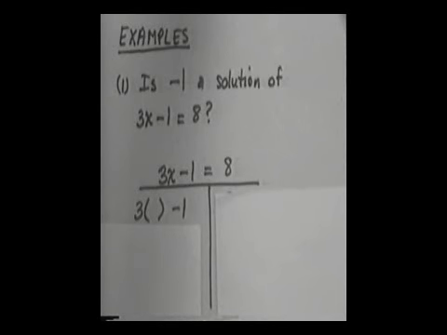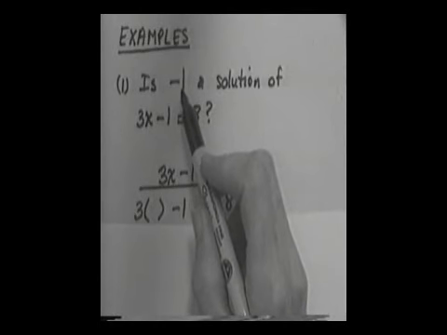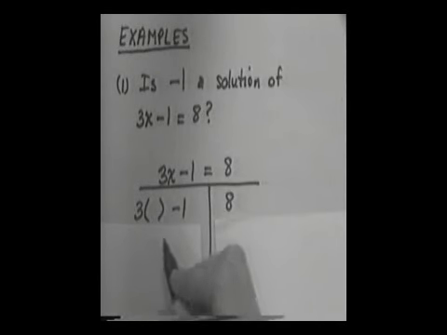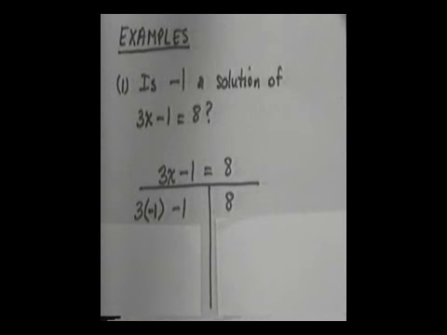On the right hand side, the 8 is all we have, so we'll simply copy the 8. Now, -1 is the number we're to test. Let's put -1 in place of x, and we get 3 times -1 subtract 1 on the left side of the wall, 8 on the right side of the wall.